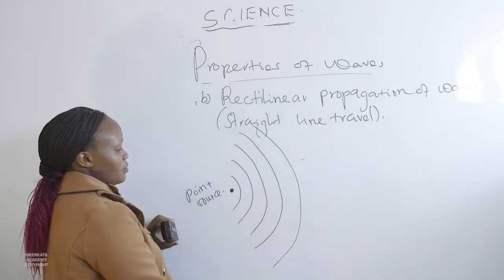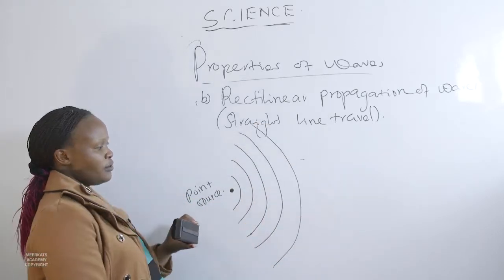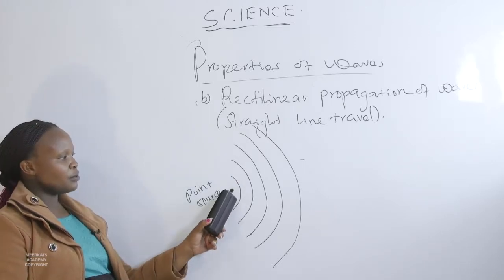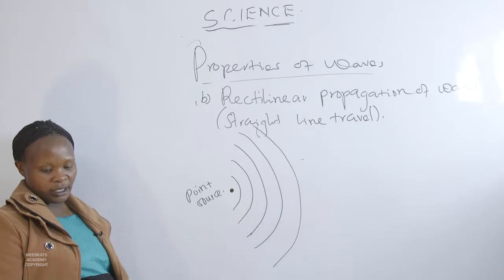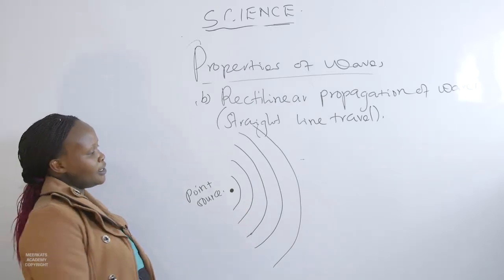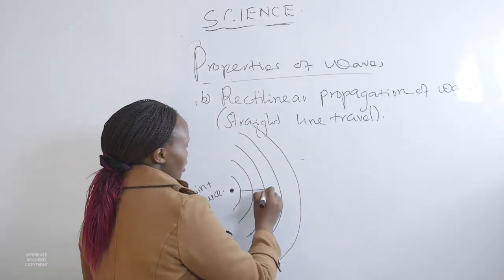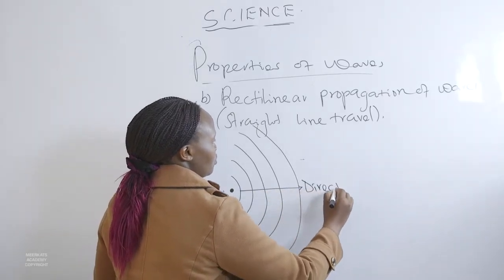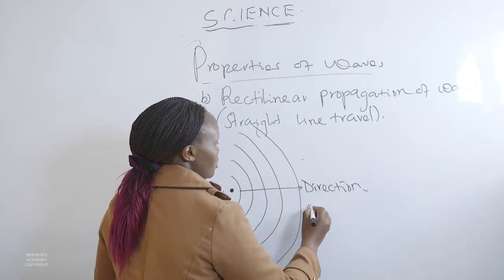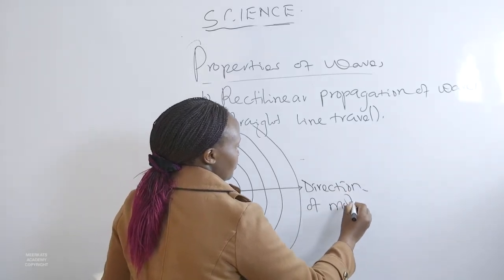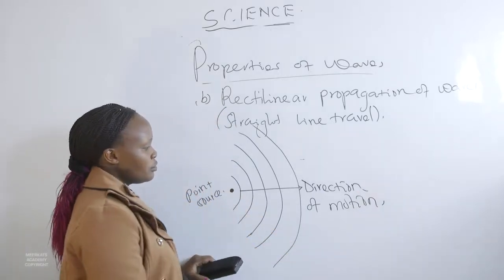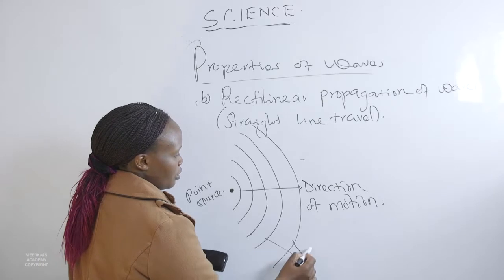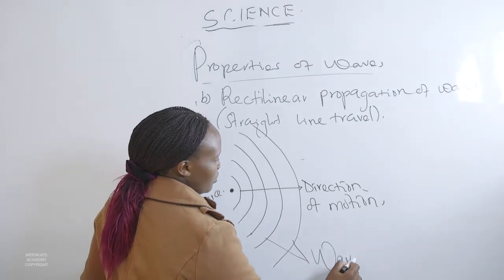You are going to have some circular wave fronts, but they equally advance from the point source towards the far right hand side. So we are justified to take the direction of motion to be a straight line, from left to right, and these ones here will now be your wave fronts.